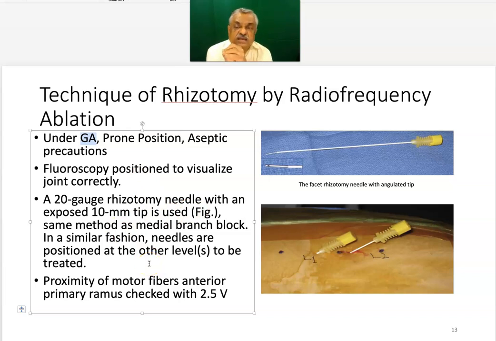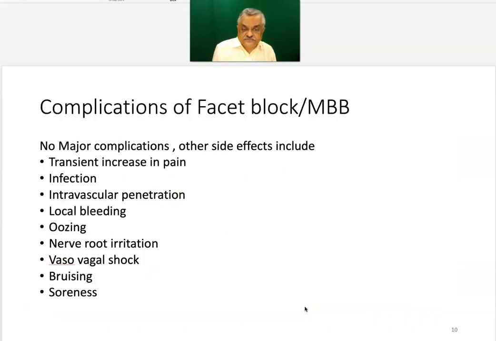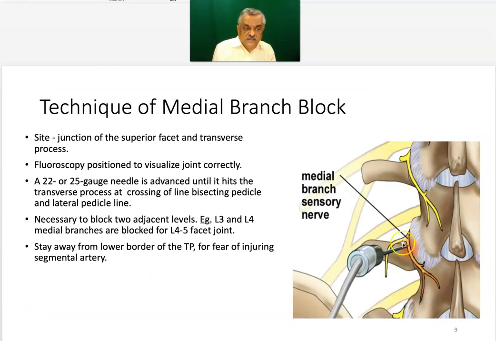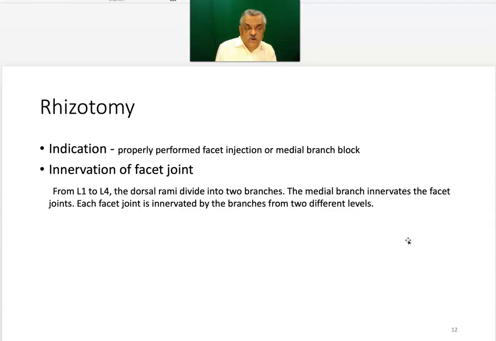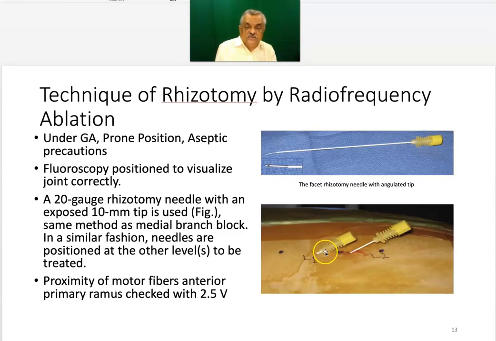Now, this type of radiofrequency ablation sometimes fails because if we go back and see the anatomy, we will find that here at this area where the medial branch is crossing on the lateral border of the pedicle in this groove, there is a mammillo-accessory ligament, and this ligament sometimes comes between the tip of the needle and the nerve, and you may feel that your block is also not effective and the procedure is also not very effective.